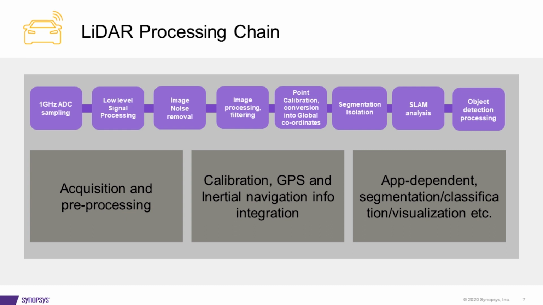So that chain of processing for this LiDAR example is pretty compute intensive. It's not a simple microcontroller that is going to be able to handle that. It's going to require a pretty significant chunk of DSP processing to manage that.